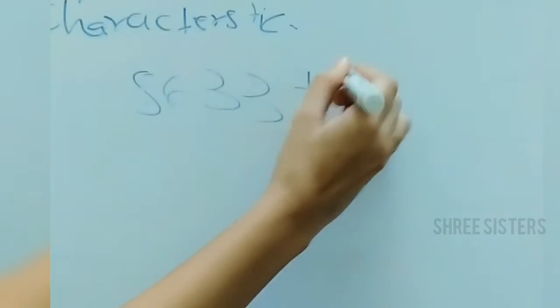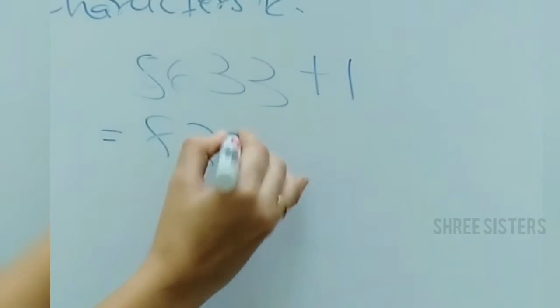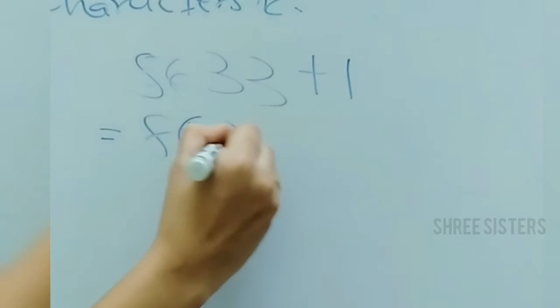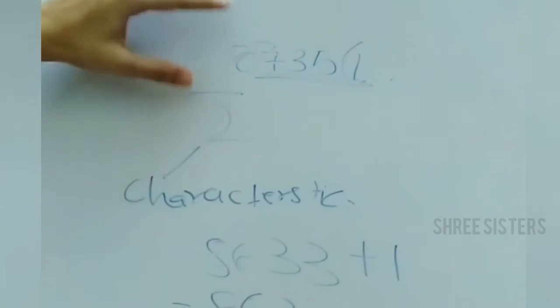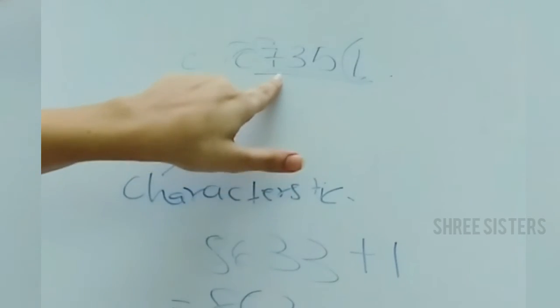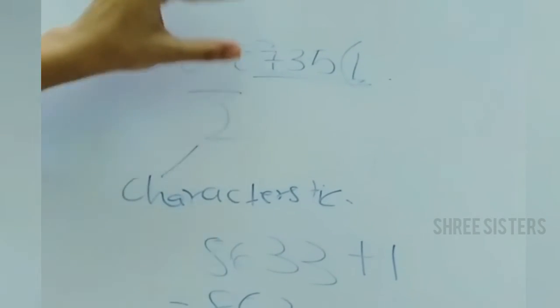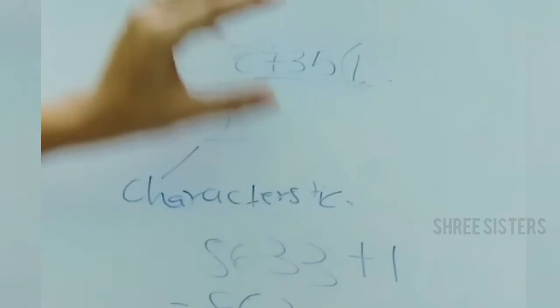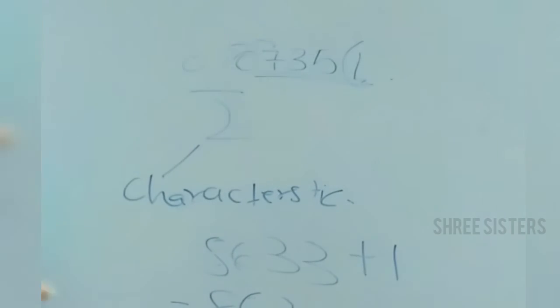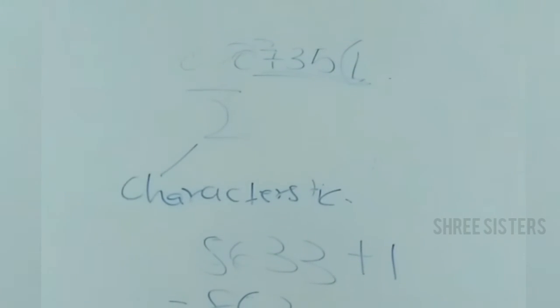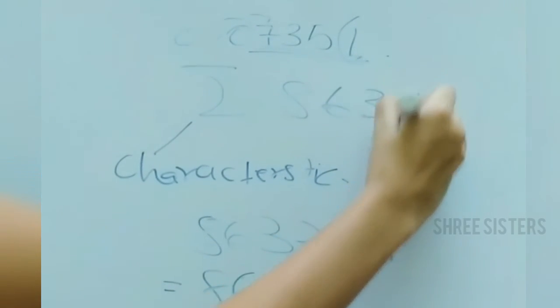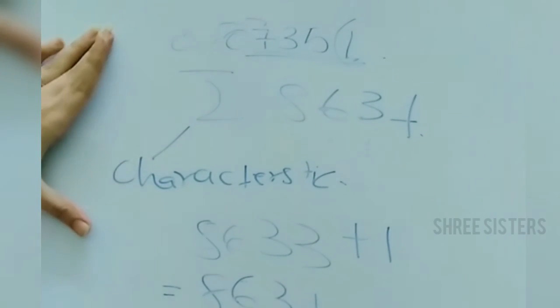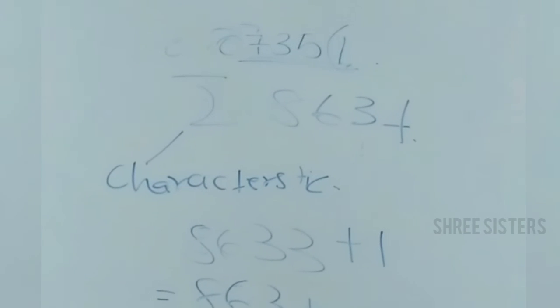So plus 1, we get 8634. So this will be our mantissa part for this number, but only the characteristic value changes, because the first nonzero digit comes in the second place after the decimal point. So we write 2 bar as the characteristic and the mantissa will be 8634. So this is our answer.